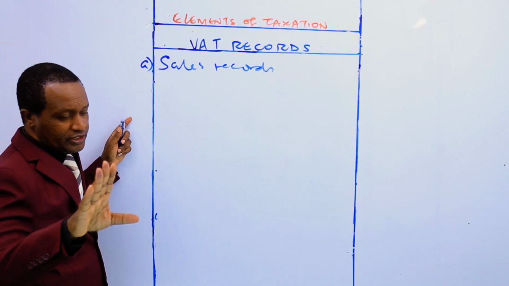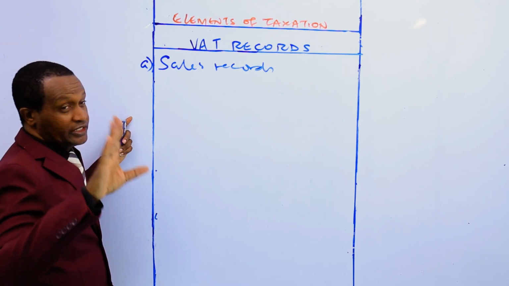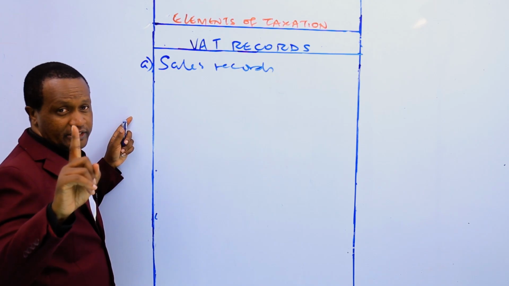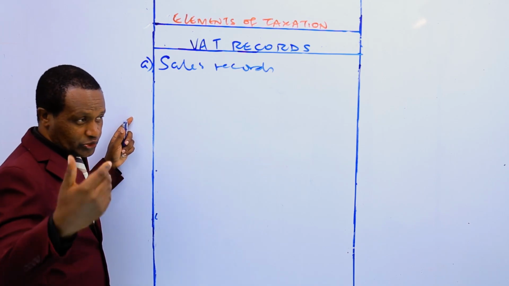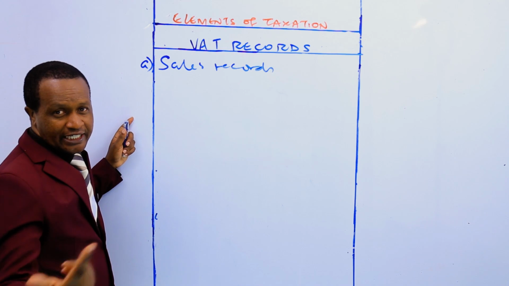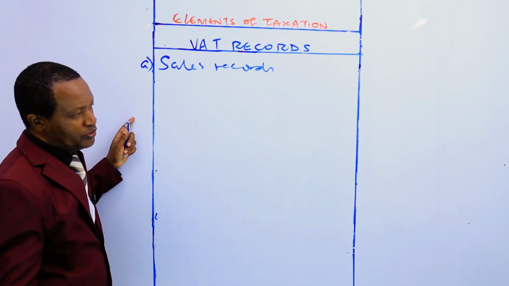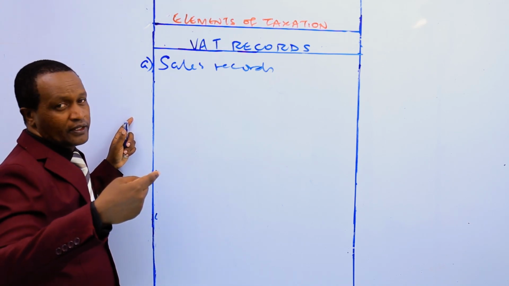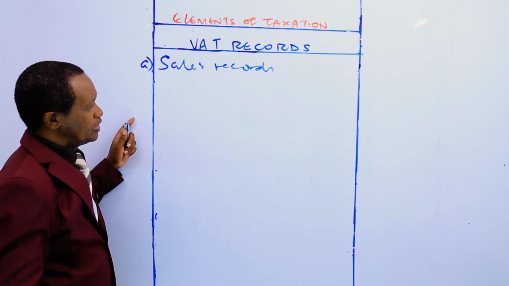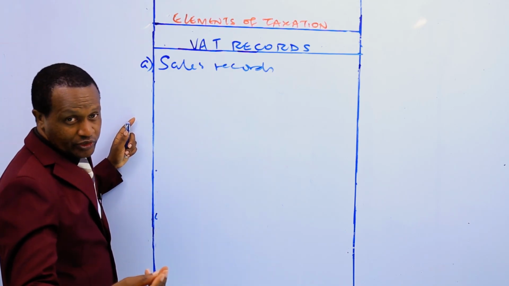If you are doing business and you are a VAT registered person, you are first of all required to maintain sales records, which constitute copies of e-TIMS generated tax invoices. That is number 1. We also have copies of serially numbered credit notes. Number 3, we have serially numbered debit notes.